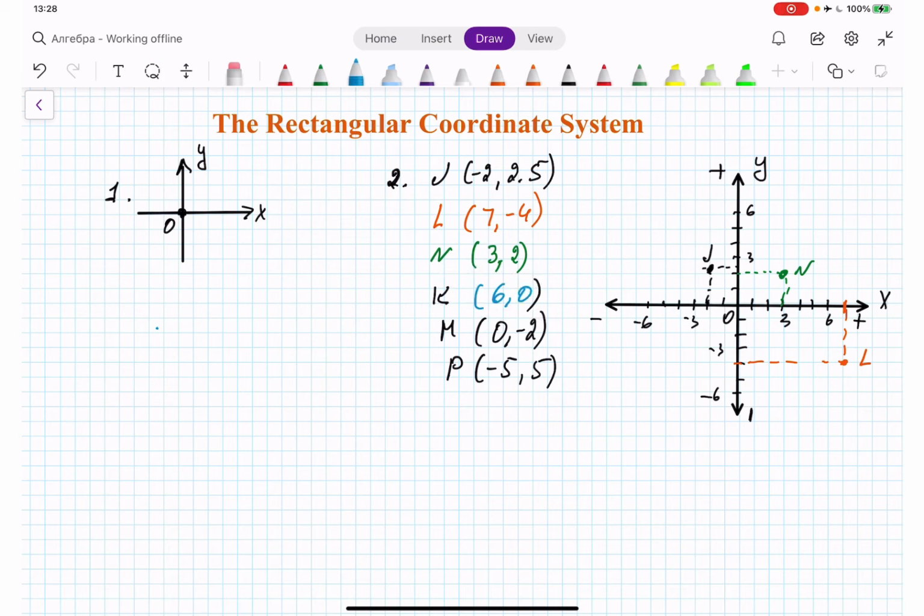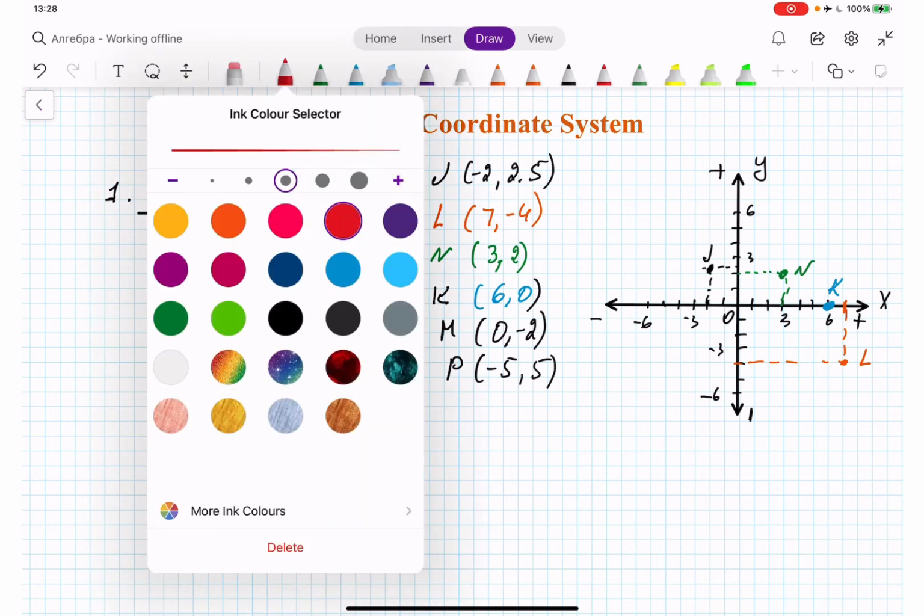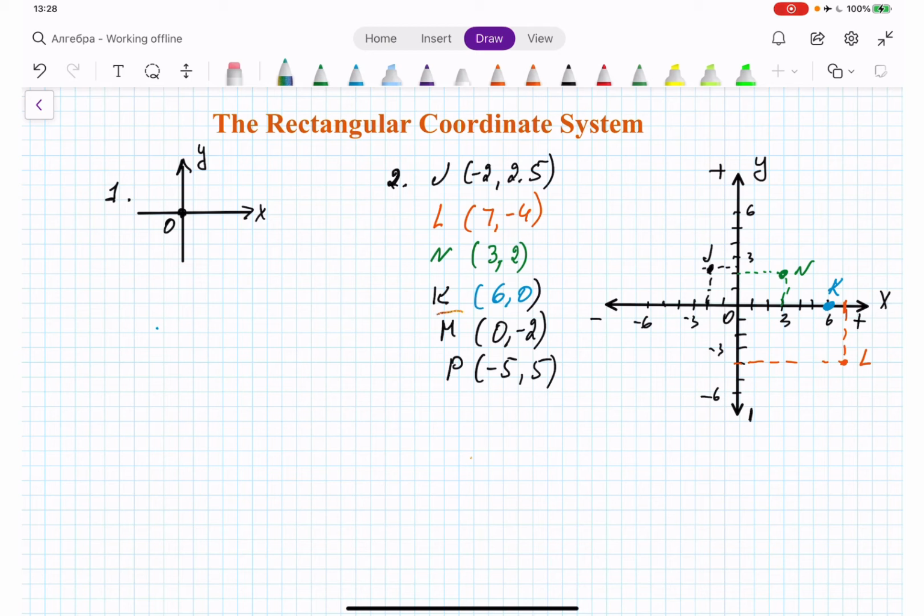Our K is 6 and 0, so this is my 6, and y is 0, I don't go anywhere, so this is my K. Next, let me pick some interesting color. Okay, I'm picking this one.